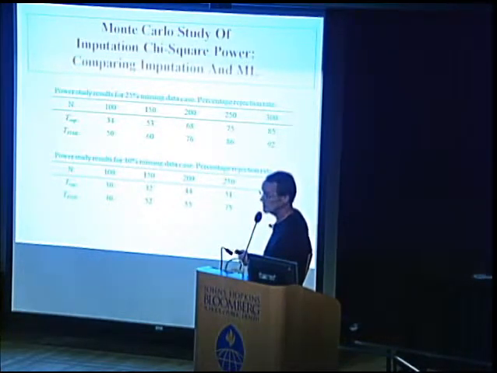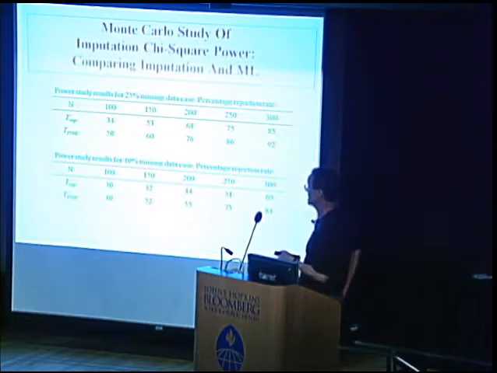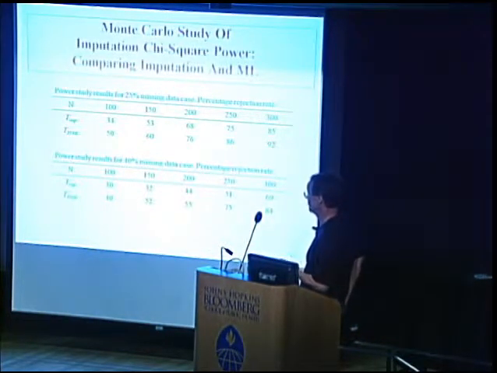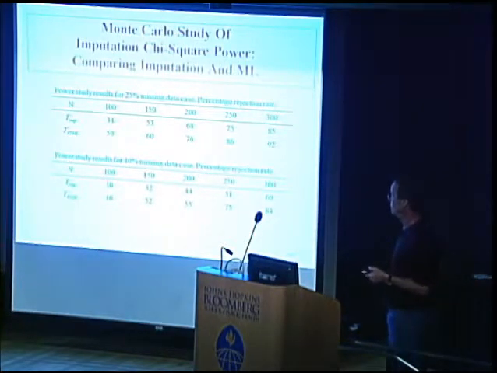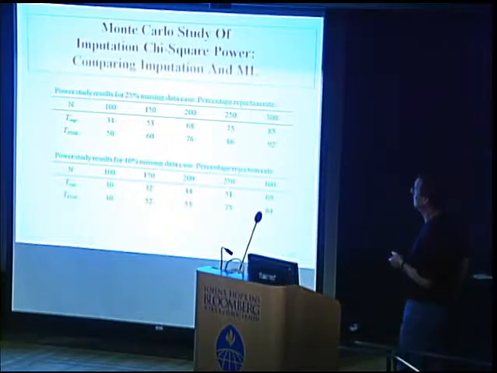So that's pretty nice, right? With 40% missing, it's even worse for the naive, and still quite okay for the imputation corrected chi-square, except it doesn't perform that well for sample size 100, but then again, if 40% is missing, you only have 60 observations. So that's type 1 error. Naive does poorly, the right one does well.